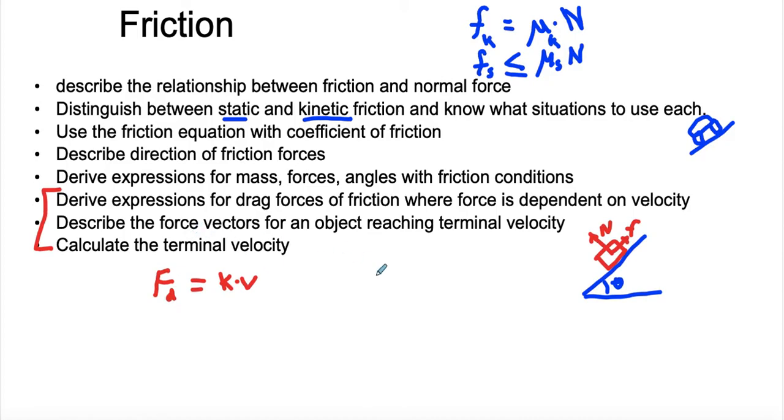But you should be able to describe, for terminal velocity, for that case especially, if an object is falling, it has an mg force on it, and that mg force never changes. But then it will have a drag force. And that drag force at first is 0, but then as it picks up speed, that friction force gets bigger and bigger and bigger till it finally hits the terminal velocity, where the mg and the friction force, the drag force, equal each other.